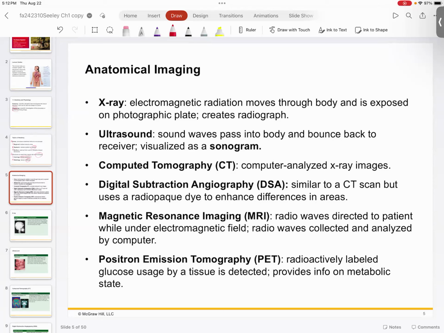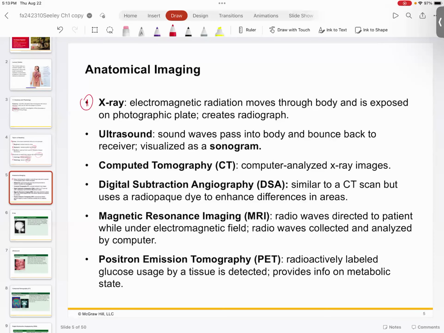Okay, some other ways to view anatomy. You've probably encountered some of these. First of all, we have X-rays, which is a good technique. It's electromagnetic radiation. What we do is blast this electromagnetic radiation through your body, and that radiation interacts with the different tissues differently based on their density.